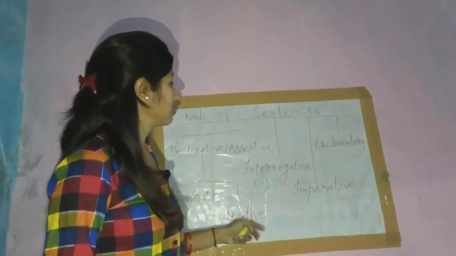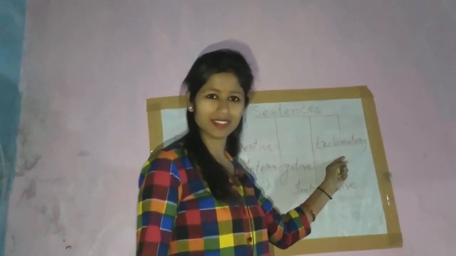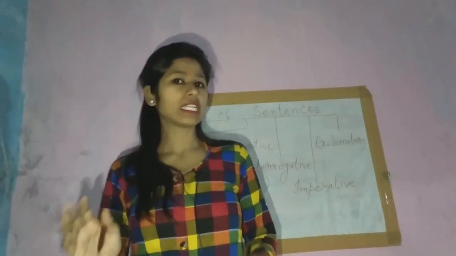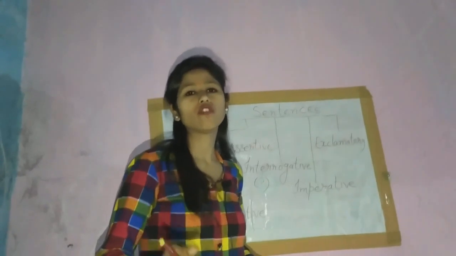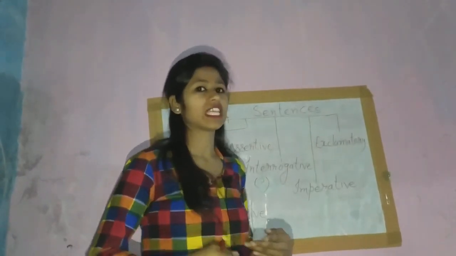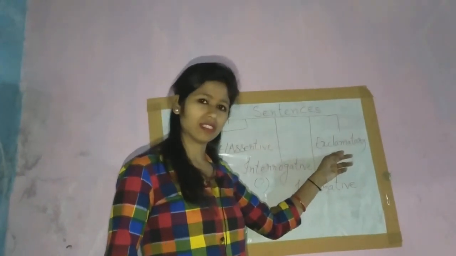Understood? Next come to the last one, that is exclamatory sentences. Exclamatory sentences are the sentences which show or express strong feeling, a feeling of happiness, sadness, victory, pain, etc. Any kind of feeling when it is expressed in a sentence is called an exclamatory sentence.